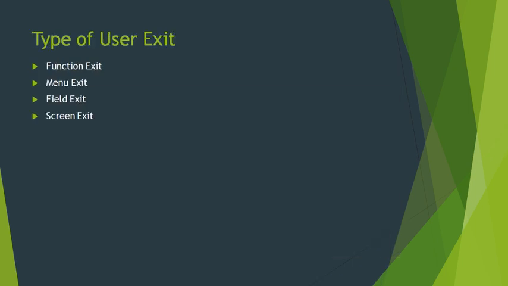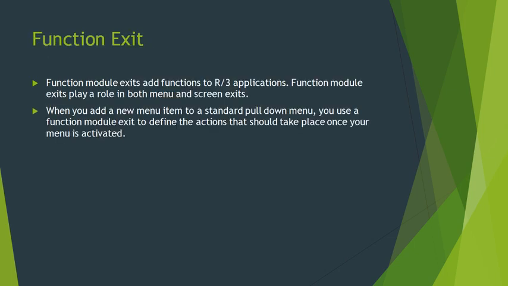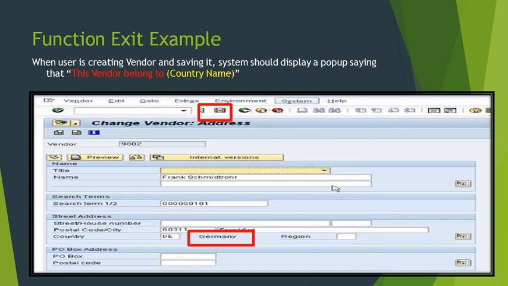So basically there are four types of user exit: function exit, menu exit, field exit, and screen exit. If we talk about the function exit, we'll see one more business scenario related to it. You can see this is the vendor you are creating.